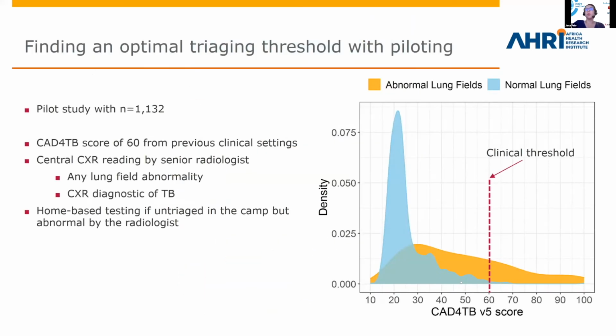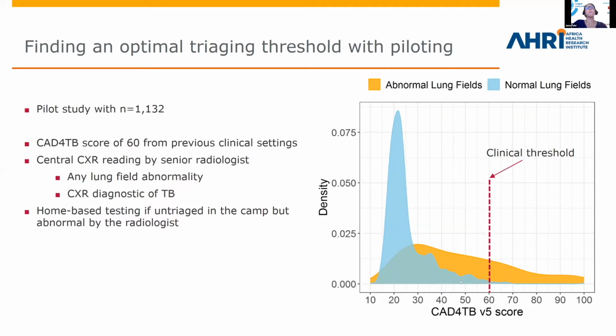When the study rolled out in 2018, there were already several reports saying that CAD4TB had really good triaging performance in clinical settings using CAD4TB scores of 60 and 65.